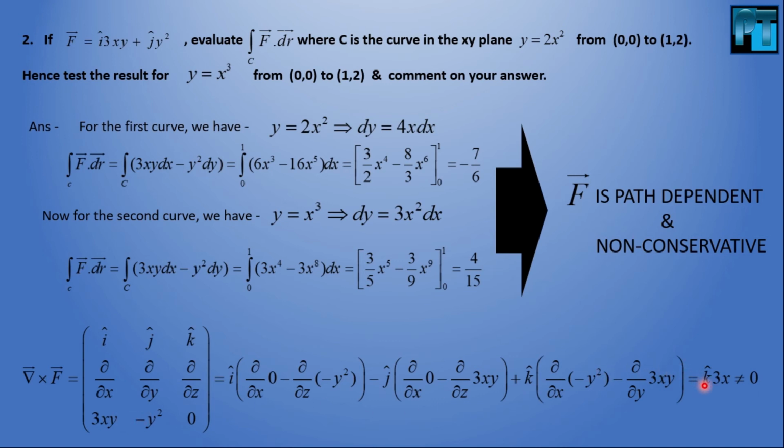So there is a non-zero quantity. Sorry, I just missed the minus sign here. It will be minus k cap 3x, but whatever, it is not 0.